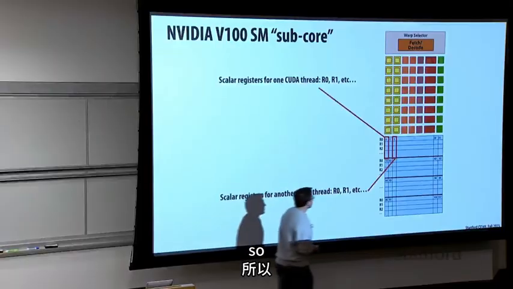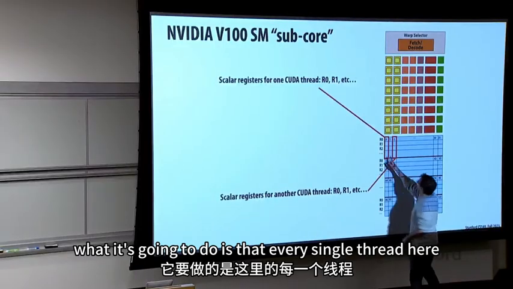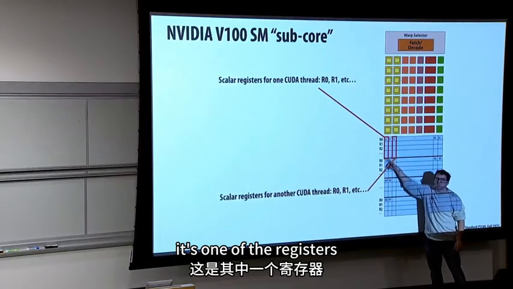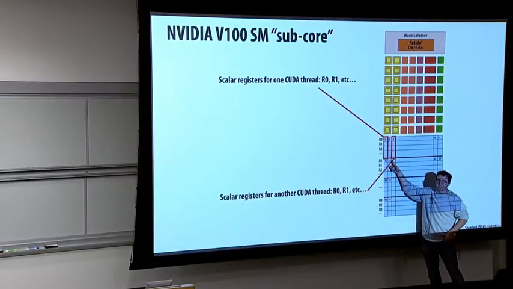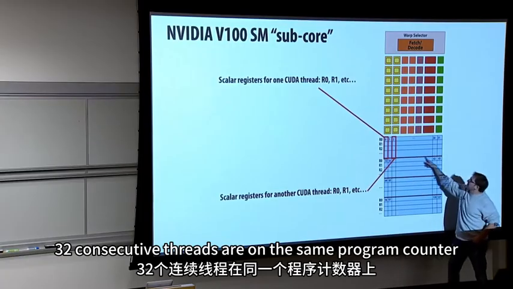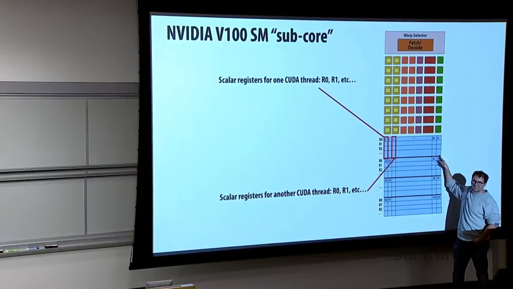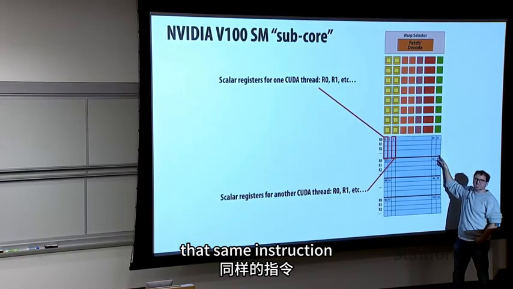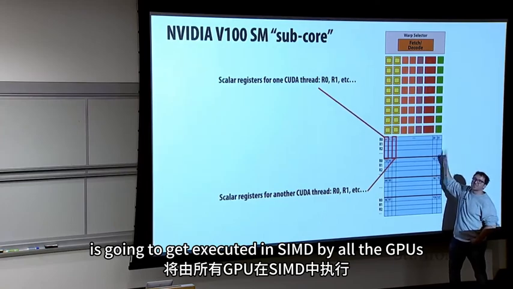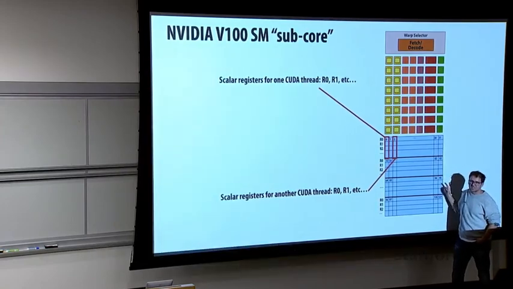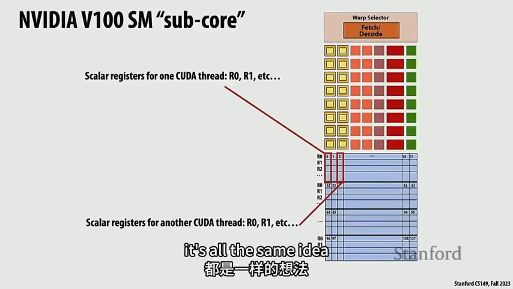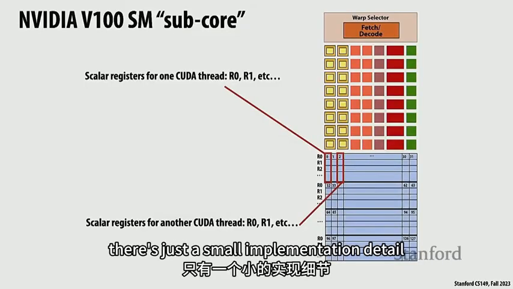So every single thread here has its own program counter. It's one of the registers. In the event that 32 consecutive threads are on the same program counter, that same instruction is going to get executed in SIMD by all the GPU's units. So it's all the same idea. There's just a small implementation detail difference.